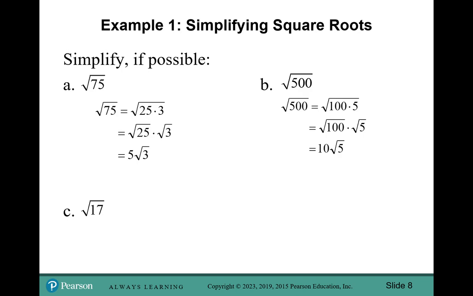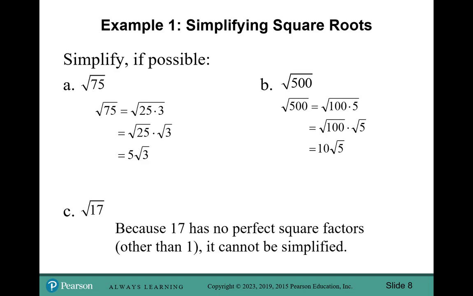So we break the square root of 500 up into the square root of 100 times 5. And then we break that square root apart into the square root of 100 times the square root of 5. The square root of 100 is 10. And that leaves us with 10 square root 5. Now, we look at 17 here with C, the square root of 17.